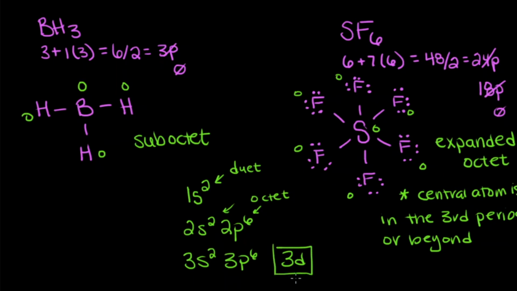So once you're in that third energy level, you now have d orbitals to put more than 8 electrons in. So more electrons can drop into this orbital on that central atom. And so that's why, in order to have an expanded octet, you have to have a central atom that has the potential to drop electrons into a 3d or a 4d or a 5d orbital.